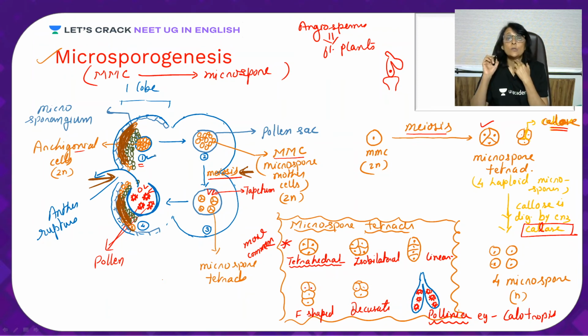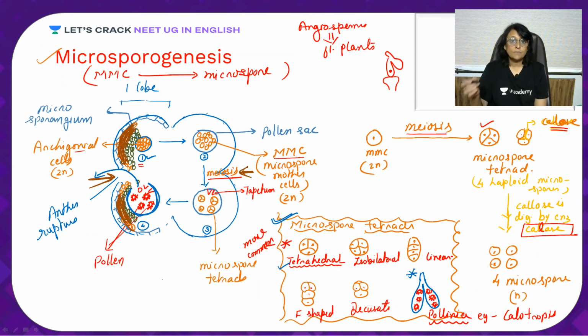So the callase, which is secreted by tapetum, dissolves this callose, and now the microspores are separate. The microspores, when they are together, that is called tetrad, microspore tetrad. And there are various types of microspore tetrads which are reported. The most common is tetrahedral, and in Calotropis there is a special structure which is called pollinium.